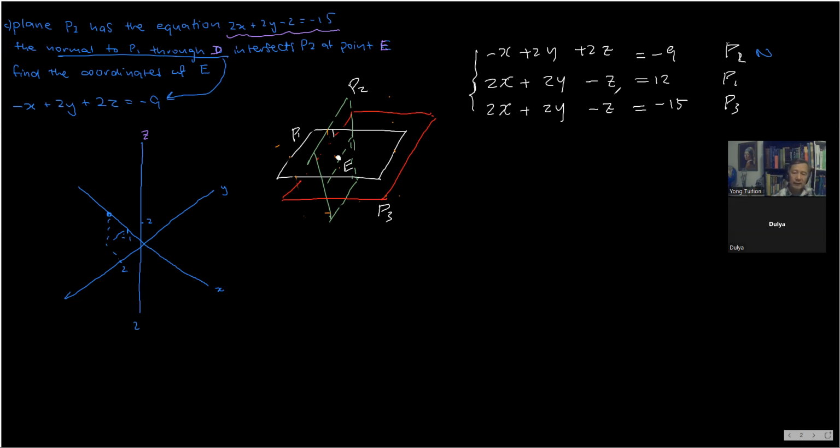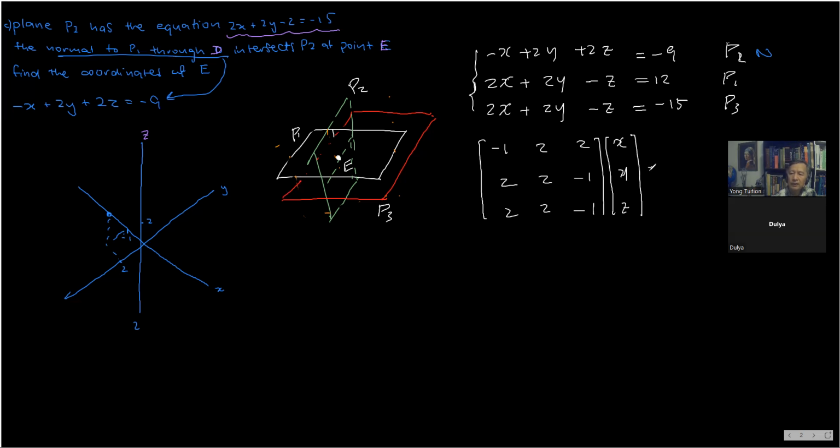Graphically, because these two are parallel, can you see? Parallel. So can we just write that into the matrix form, right? So that -1, 2, 2. You see, if you have this -1, 2, 2, so I don't think we can solve for a unique X, Y, Z. Can we find the inverse?